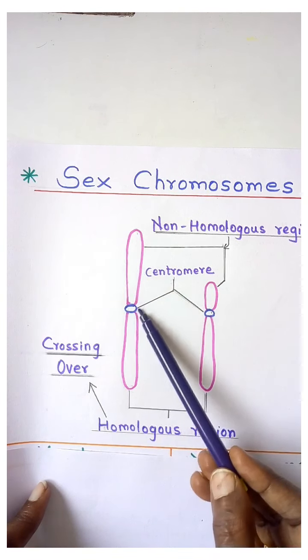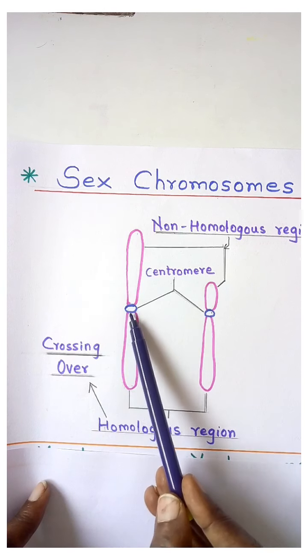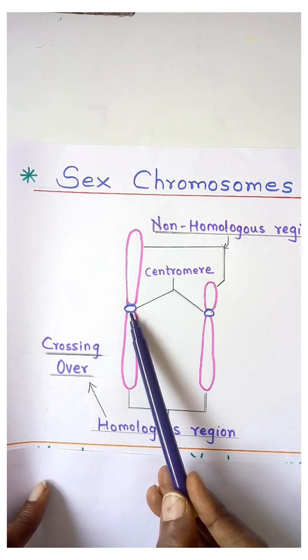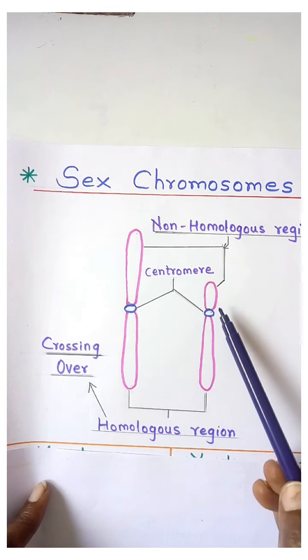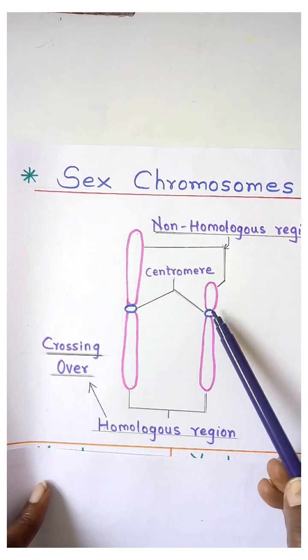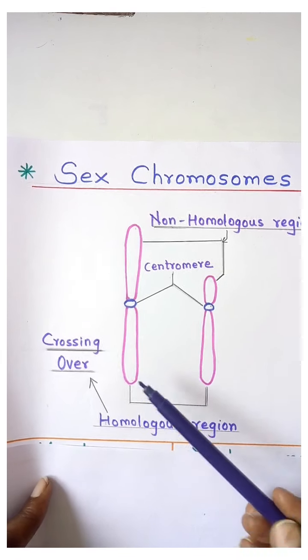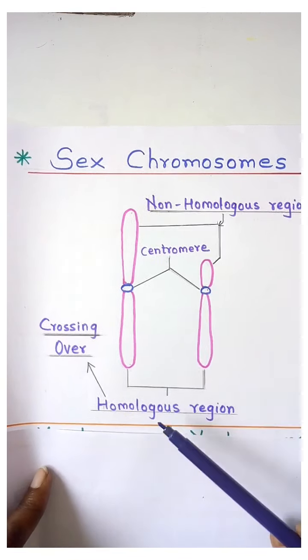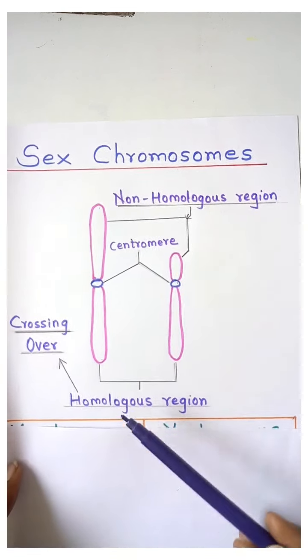If we see the position of the centromere, the X chromosome is metacentric as the centromere is present in the center and both the arms are equal in length. The Y chromosome is acrocentric because the centromere is present towards the end of the chromosome. Then both chromosomes show a homologous region and a non-homologous region.